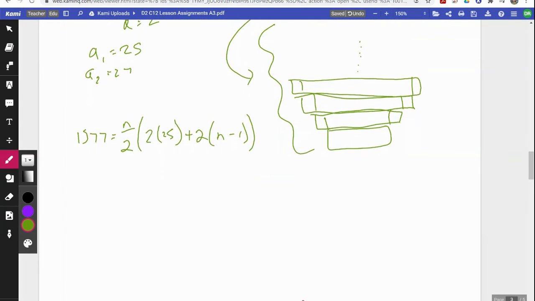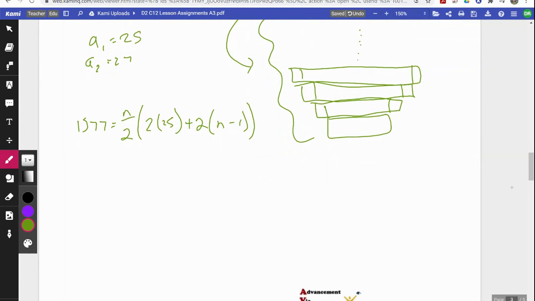Okay. Well, let's see what we can do. First of all, we can simplify. This is going to be 50. I can't do much with this thing. I can distribute it if I want. Let's try that, maybe. This would be 50 plus 2n minus 2, and we can simplify this. So in parentheses so far we would have 2n plus 48. I wrote the 2n first.